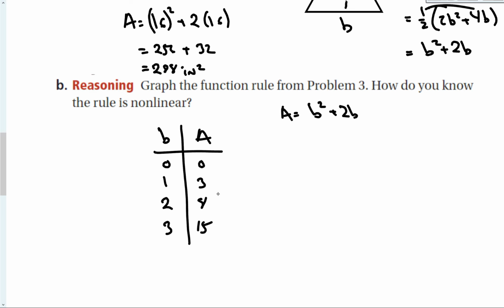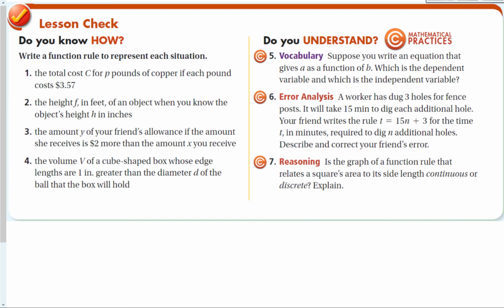It goes up by 3, then 5, then 7. So each increase of 1 is increasing the next one by more and more. That's how we know the function is nonlinear. If we were to graph this, the graph would not be a line; it would be a curve.